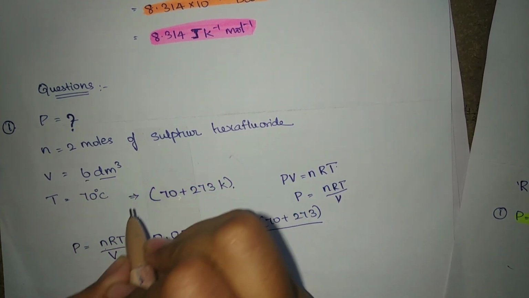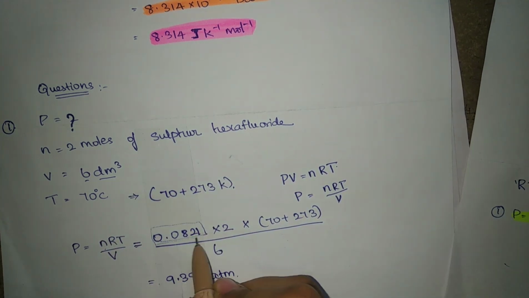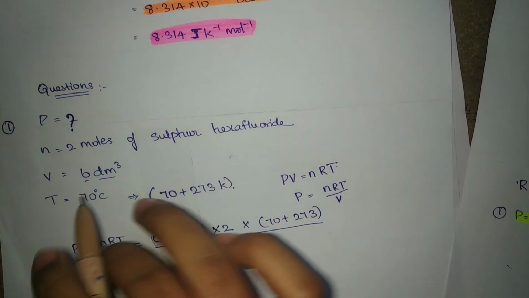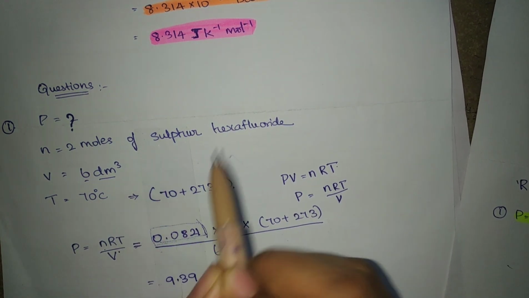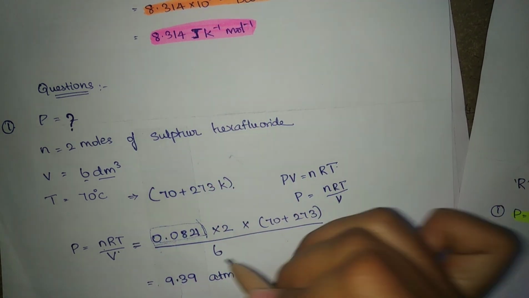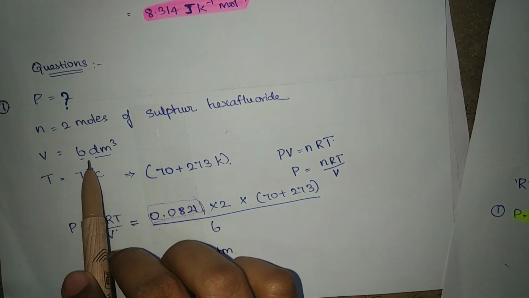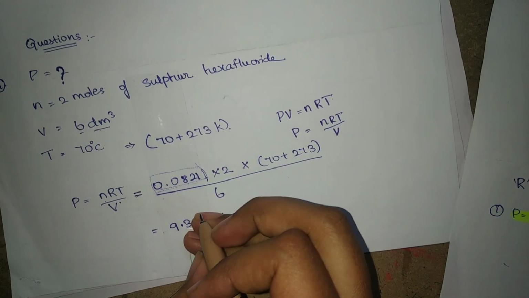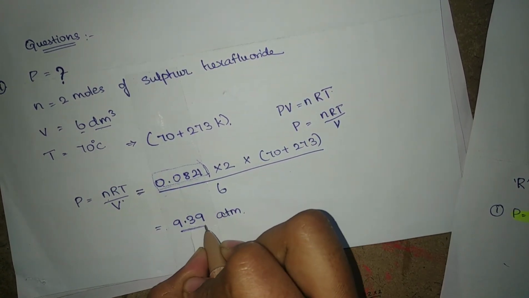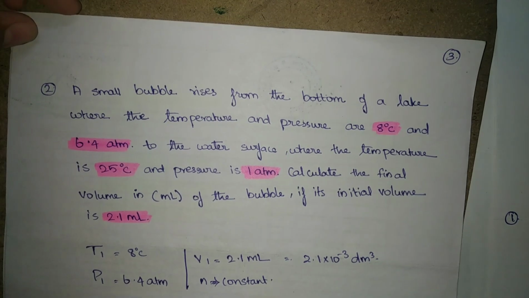Here volume is given in terms of decimeter cube, that is why we are using this value of R. If volume is given in terms of meter cube, we have to use the other value for R, that is 8.314. Now we are using 0.0821 because the volume is given in decimeter cube. If we solve these values, we will get an answer of 9.39 atmosphere. So this is the value of pressure.